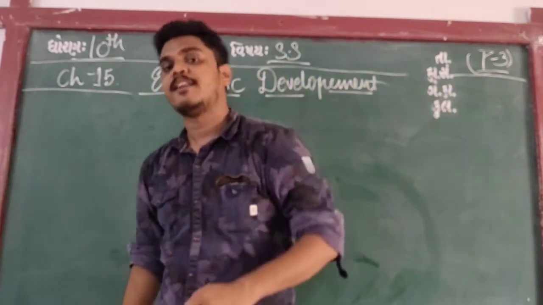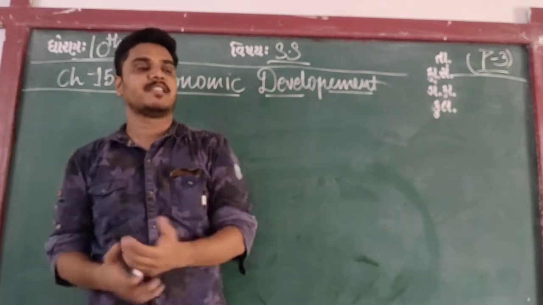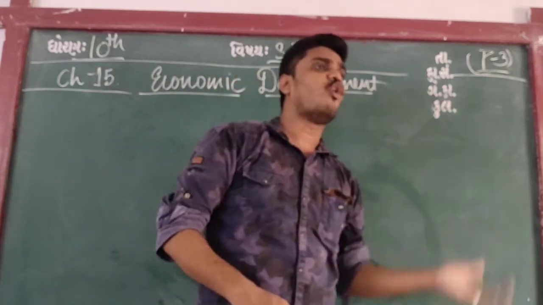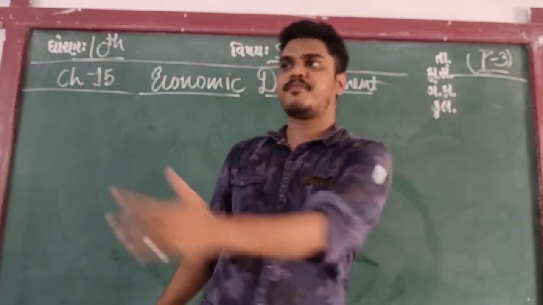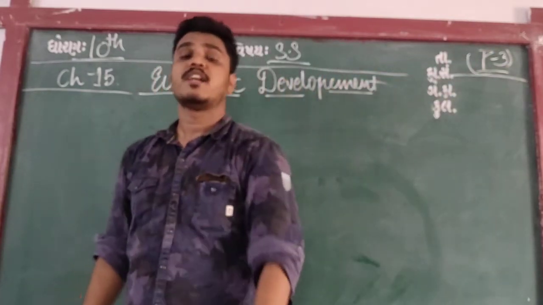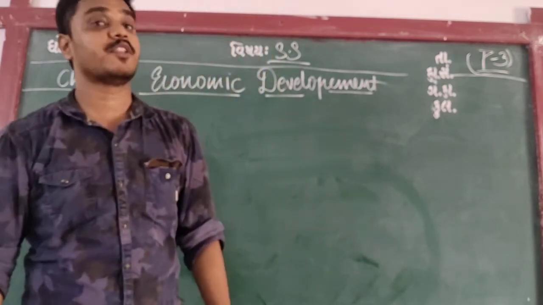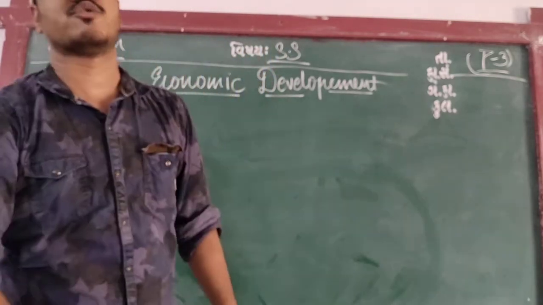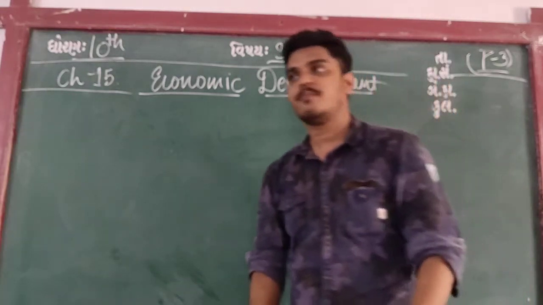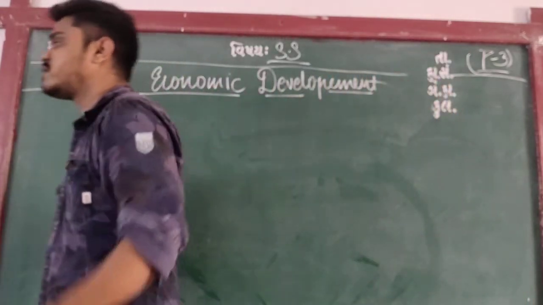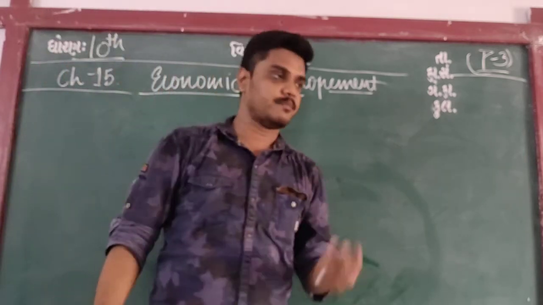So that's land. Now we have capital: research, hard work, and all the tools and equipment required to run a company, a firm or an industry is called capital. Capital means money.